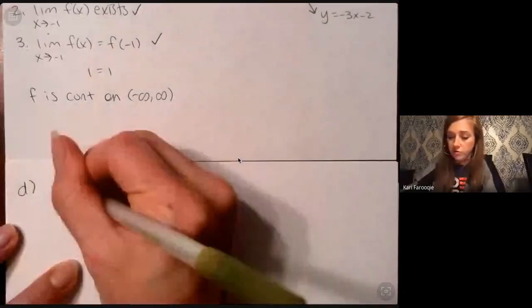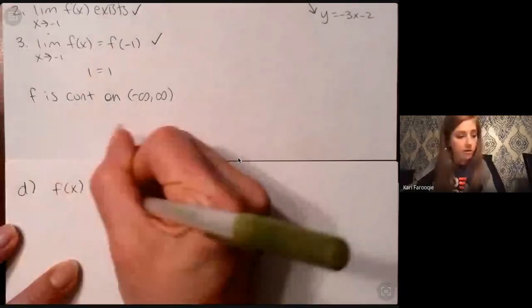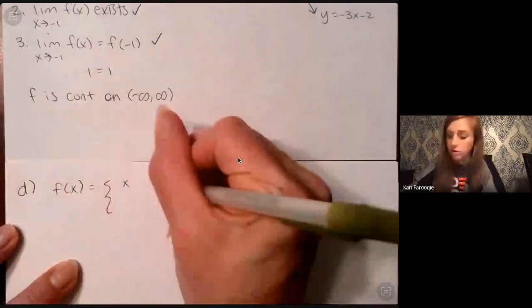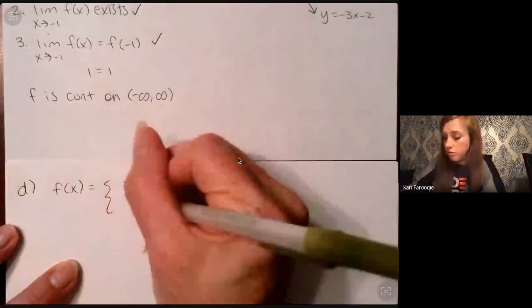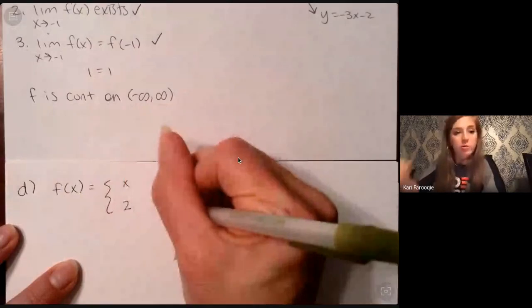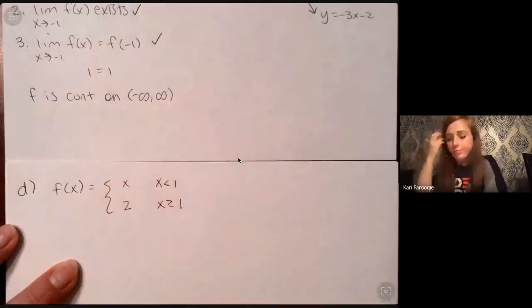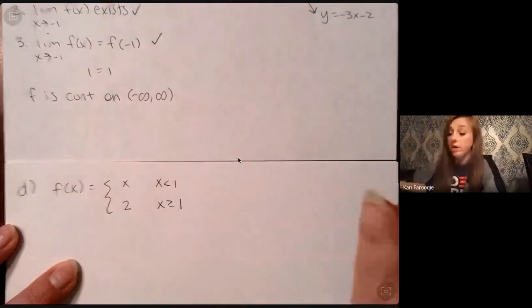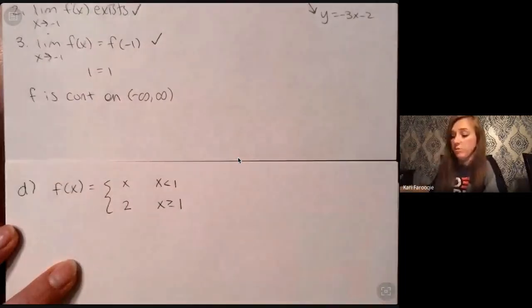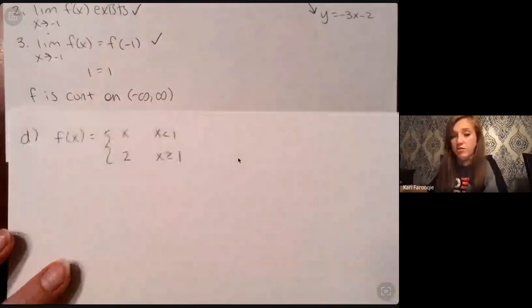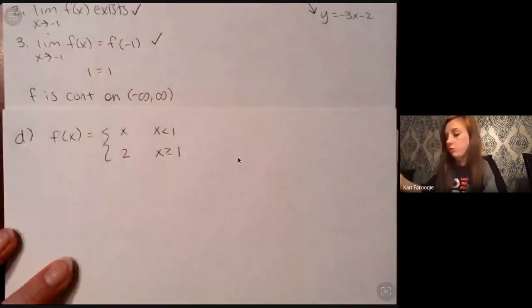The first one is x, and that's for x being less than 1. And the second one is 2, and this is for x being greater than or equal to 1. Okay, and again, it's a piecewise function. A lot of times it's easiest to discuss the continuity of a piecewise function when you're looking at its graph.